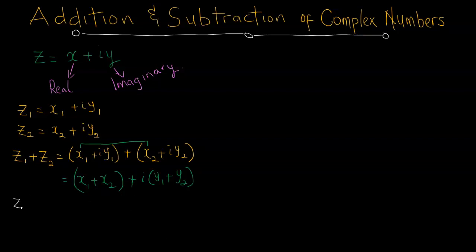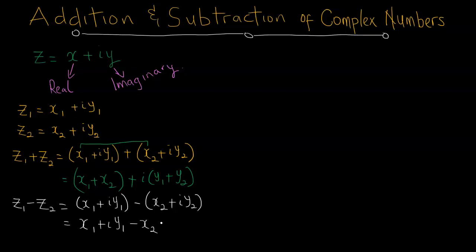Now, what if we were solving z1 minus z2? This also requires us to flesh out the complex numbers. z1 is x1 plus iy1, then minus z2, which is x2 plus iy2. If I take off the brackets, I get x1 plus iy1 minus x2 minus iy2.